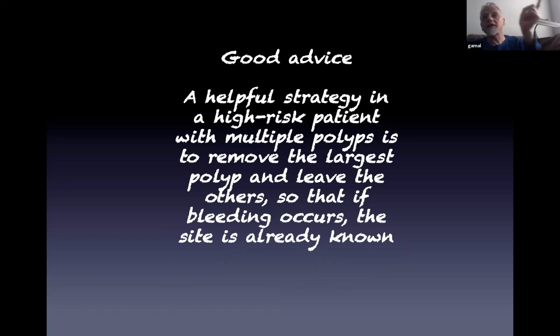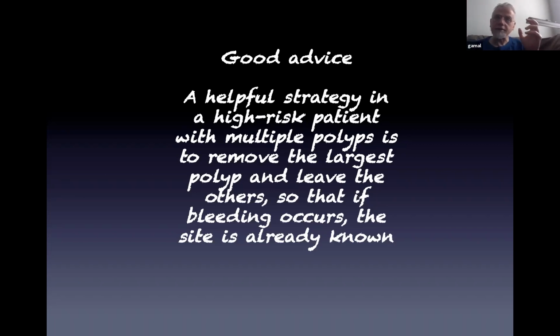But if you've already taken 6 polyps, 6 different sites, left, transverse, splenic flexure, hepatic flexure, cecum, and you have postoperative bleeding, you wouldn't know where the bleeding is coming from. It's a problem. And if you have to operate, now you're in a dilemma. So which one of these actually bled? So really good advice is, take the biggest polyp that has the highest risk of bleeding, take that one out.